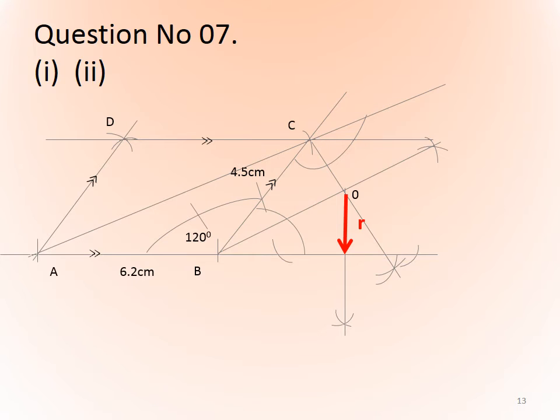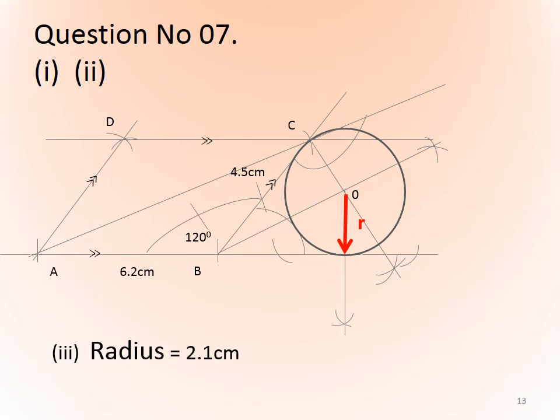This length should be taken as the radius and kept on top of the point O. Then you can draw this circle. Measure and write down the radius of this circle. You can measure it. I am getting radius equals 2.1 centimeters.